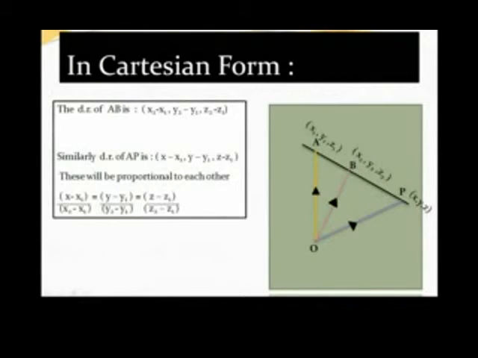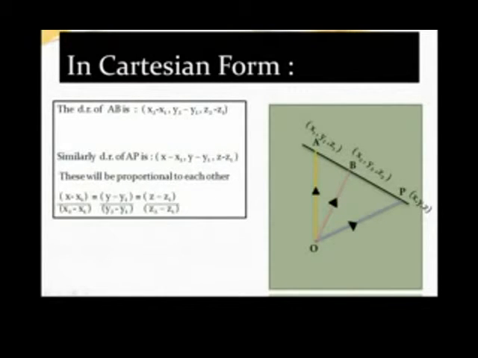Now let's try to convert this vector form to the Cartesian form. Let us say that this is the required line. This is the point A with the coordinates x1, y1, z1. This is the point B with the coordinates x2, y2, z2. And let us say that any point P on this line is x, y, z. Now the direction ratios of AB would be x2 minus x1, y2 minus y1 and z2 minus z1. Similarly, the direction ratios of AP would be x minus x1, y minus y1 and z minus z1.